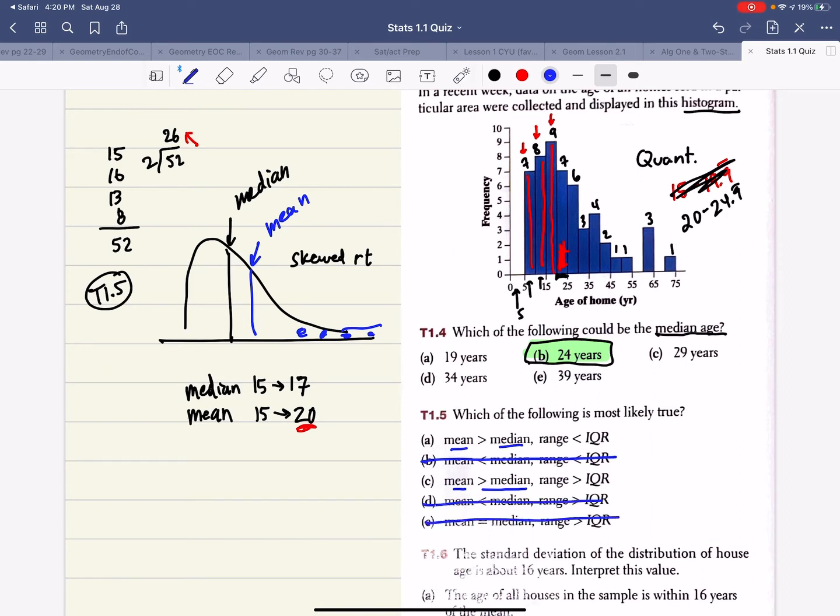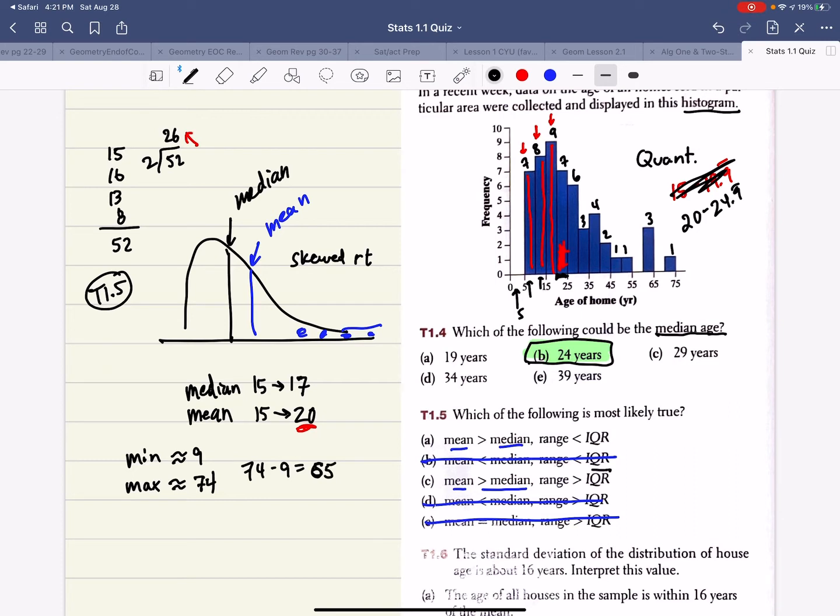And what about the range? Well, we won't know the exact value because it's not a dot plot, but it looks like the min is somewhere between 5 and 9. So at the highest, it would be 9.9. And the max is somewhere at the highest, maybe 74 point something. And so you can see here our range would be 65.